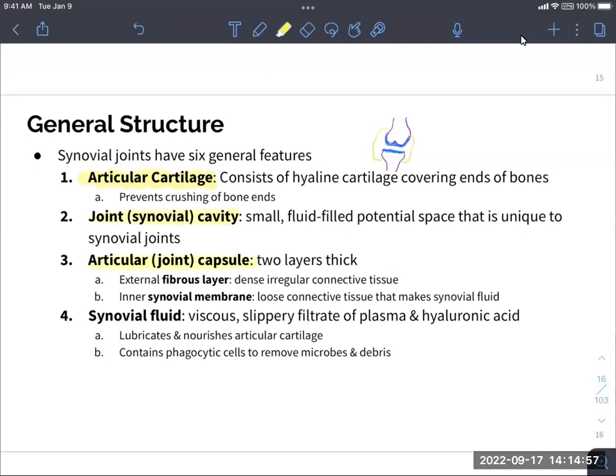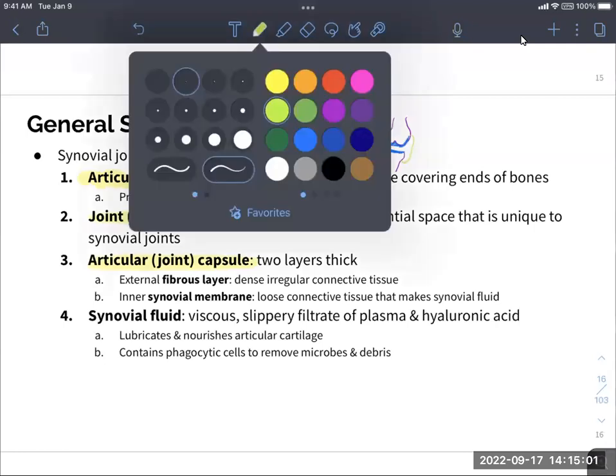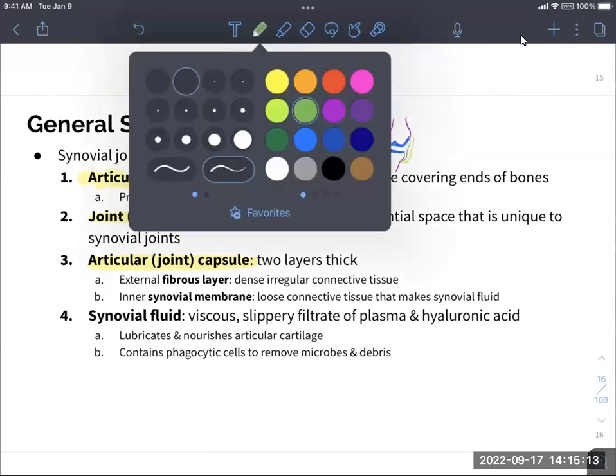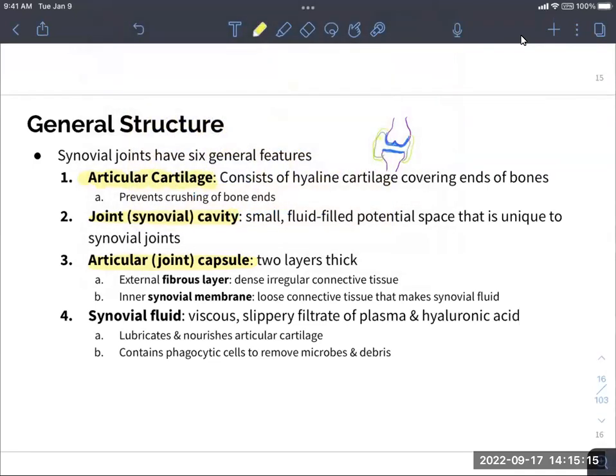That articular capsule, I do the first layer of it, but it is 2 layers thick. Then it is filled with synovial fluid.